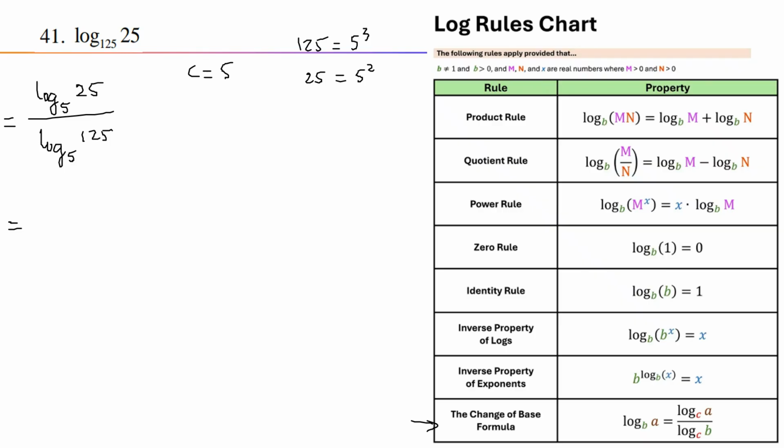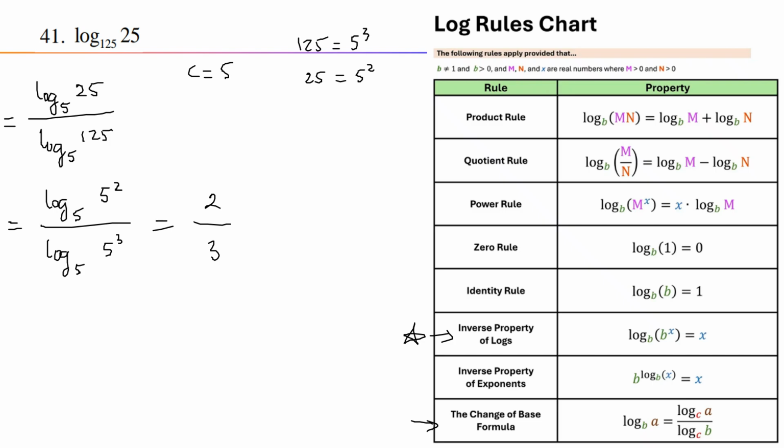Now we redraw it one more time. Log base 5 of 5 squared over log base 5 of 5 cubed. Using the inverse property of log, the exponent is the result. So on the top we have 2, at the bottom you have 3. 2 over 3.